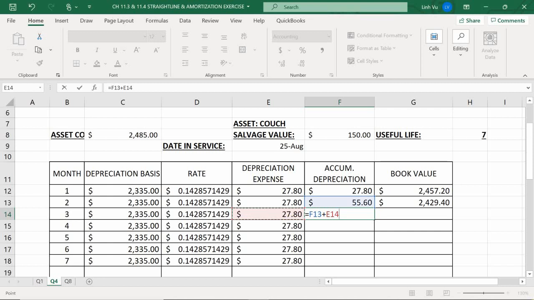So you're always going to take it from the 2,485. And your accumulated depreciation is always going to be the 2780 plus 2780 plus 2780 all the way down? Yes, because it's accumulating. It's always going to be previous accumulated depreciation plus current year's depreciation expense. So yes, you're basically adding it on top of each other.